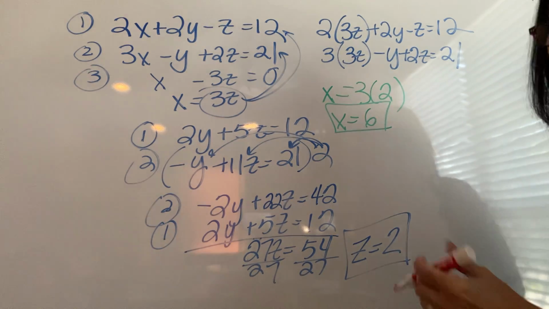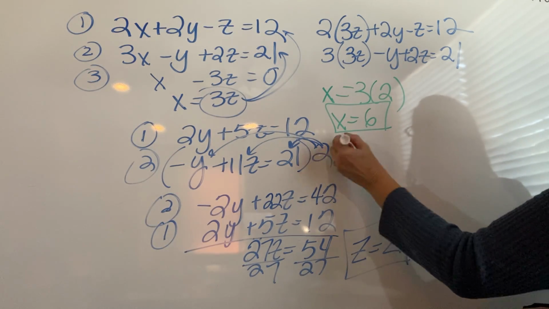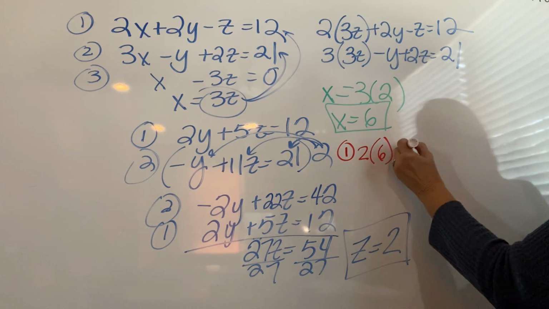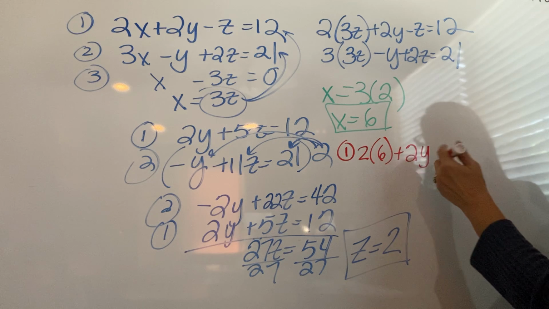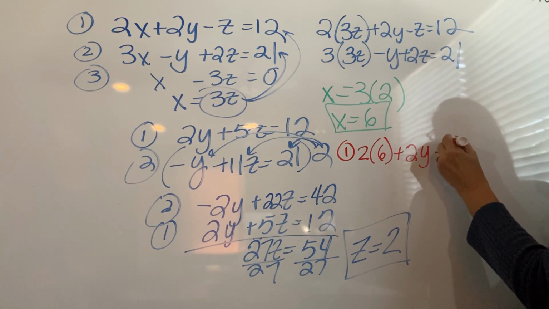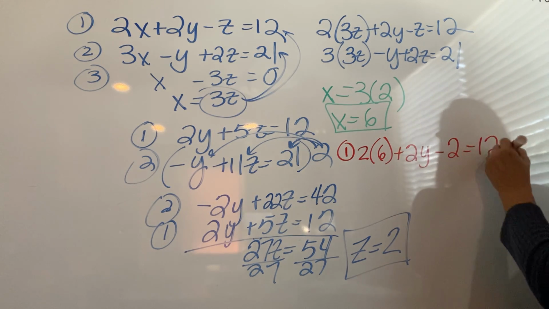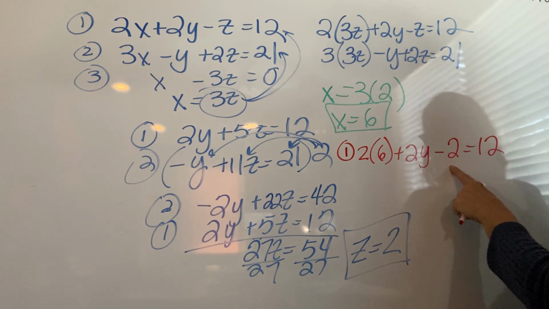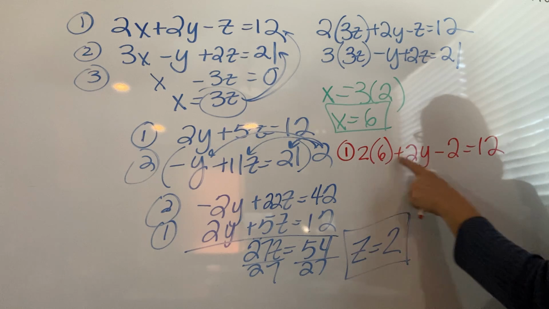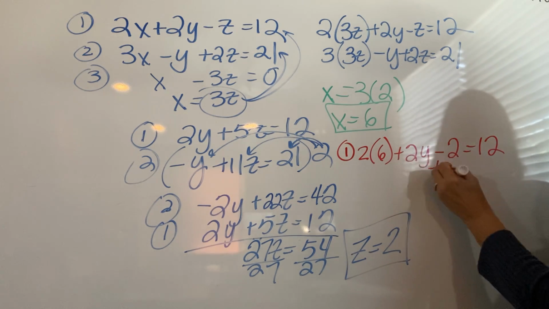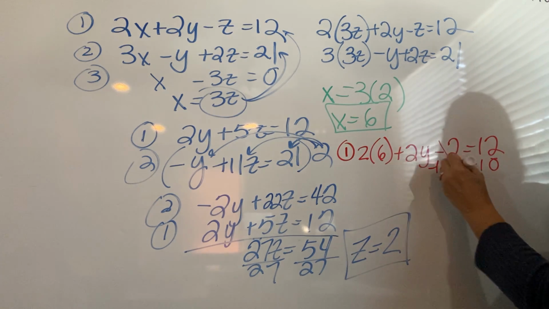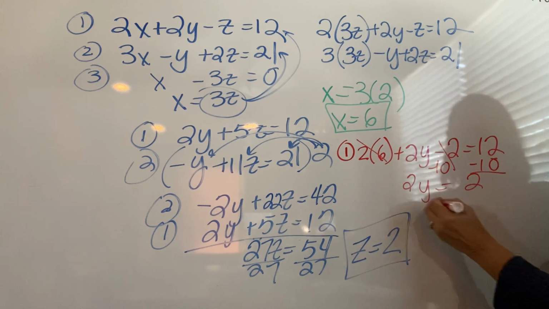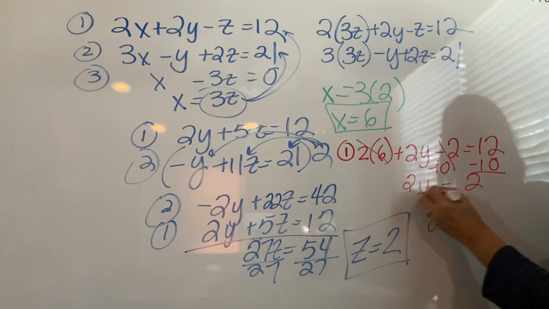So in equation 1, we have 2 times the value of x, which is 6, plus 2 times the value of y, that's the unknown, minus the value of z, which is 2, is 12. All right, that's 12 minus 2, which is 10. So I'm going to subtract 10 on both sides. And we're left with 2y equals 2. The value of y is 1.